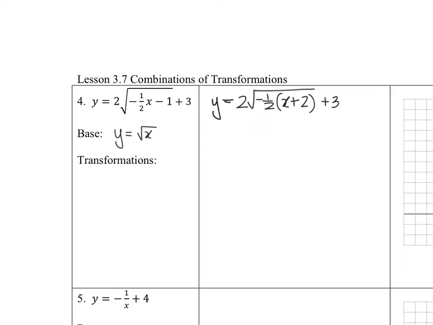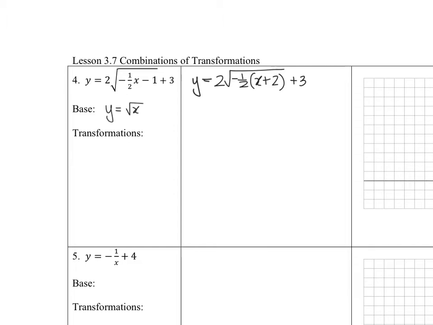So based on this, we'll be able to state our transformations as the following. We have a vertical stretch by a factor of 2. We have a reflection on the y-axis because the negative is underneath the square root.